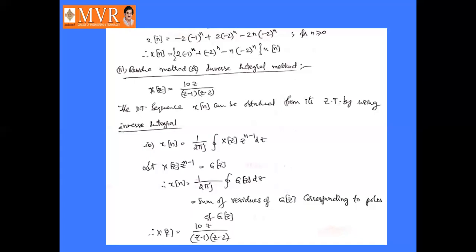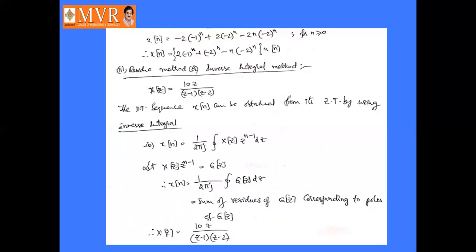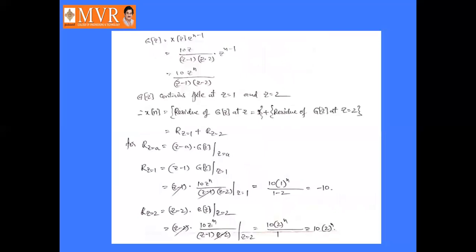So X of z is given as 10z by (z minus 1)(z minus 2). So G of z is nothing but X of z into z power n minus 1, that is 10z by (z minus 1)(z minus 2) into z power n minus 1. So it will become 10 into z power n by (z minus 1)(z minus 2).